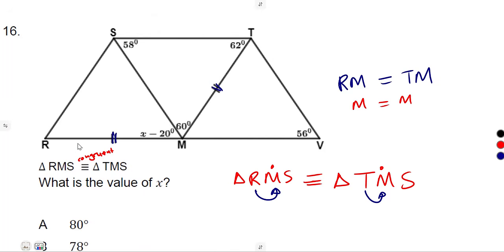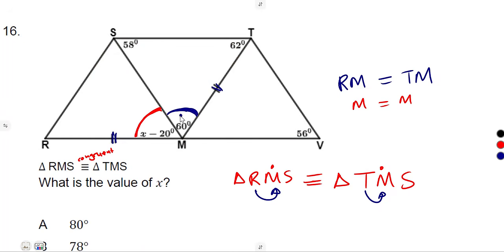The angle M in triangle RMS is this one inside. It must be equal to the angle M in triangle TMS, which is the 60 degrees.